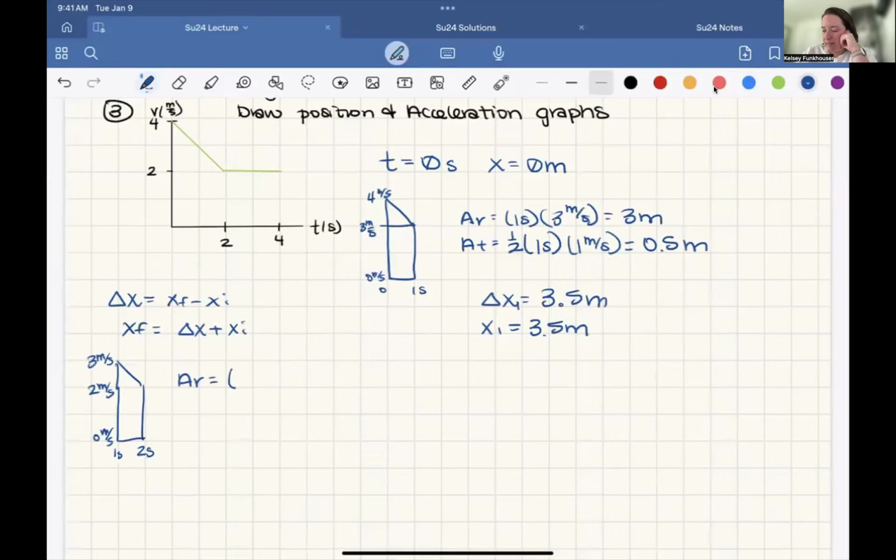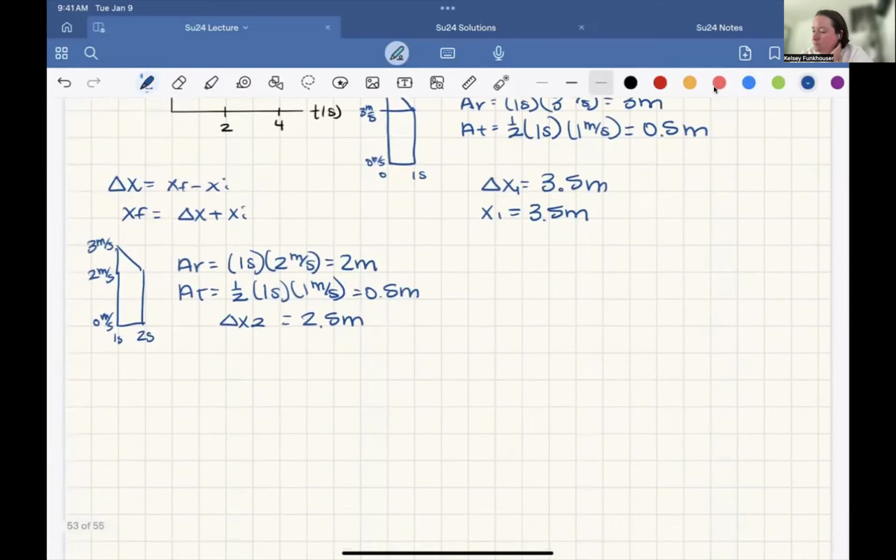So the base is still 1 second, but it only goes up to 2 meters per second. So that just gives us 2 meters. And then the triangle is actually the same size. So it's 1/2, 1 second times 1 meter per second to give us 0.5 meters. So that gives us a displacement 2 of 2.5 meters.